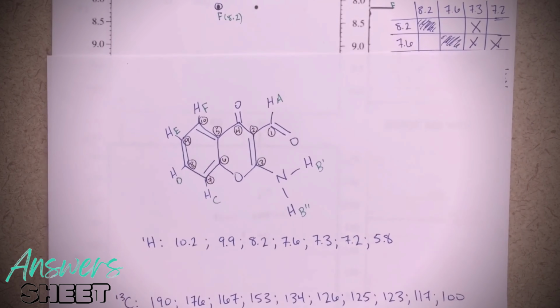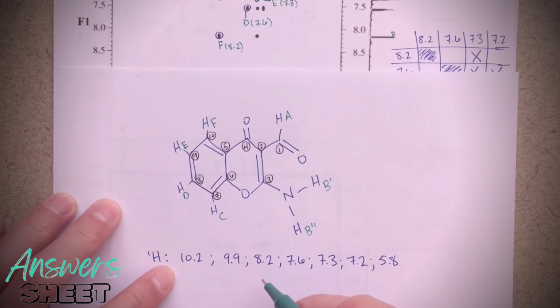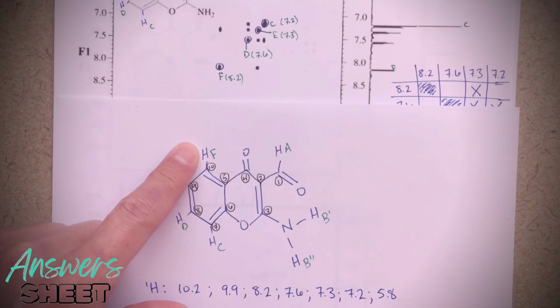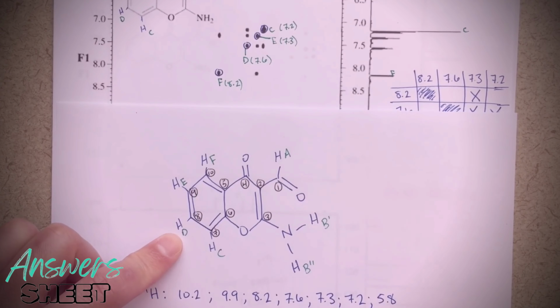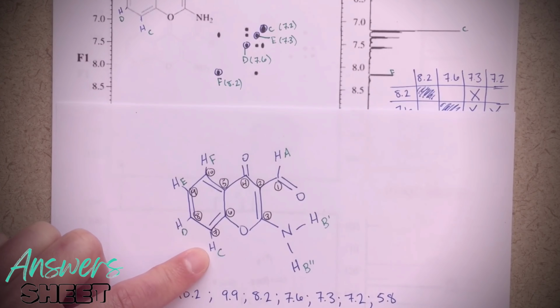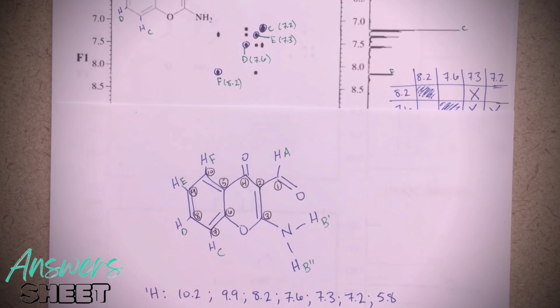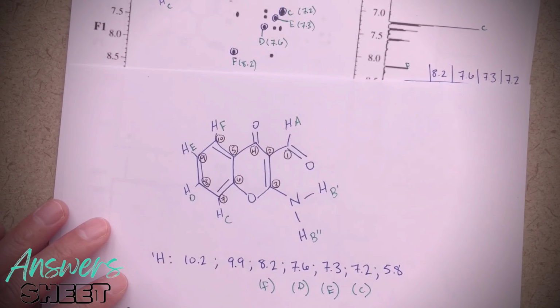According to our COSY, 8.2 is F. Hopefully you can see that. 8.2 is F. 7.6 is D. 7.3 is E. And 7.2 is C. These correlations come from our COSY. Hopefully you can see that.